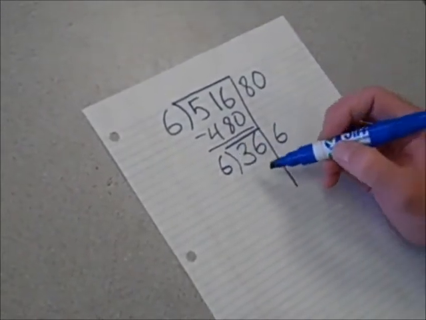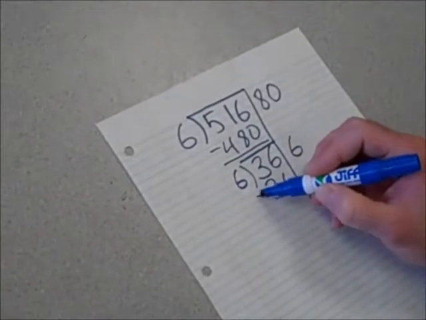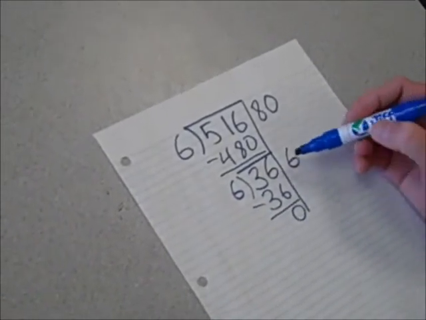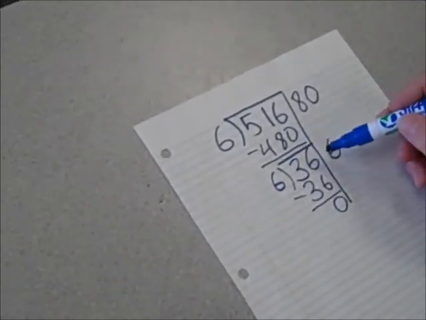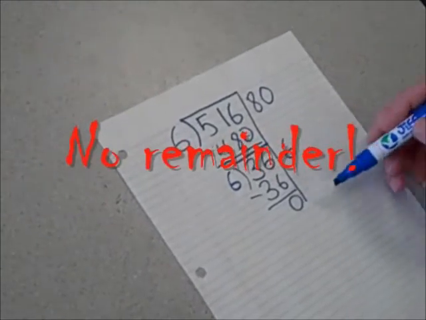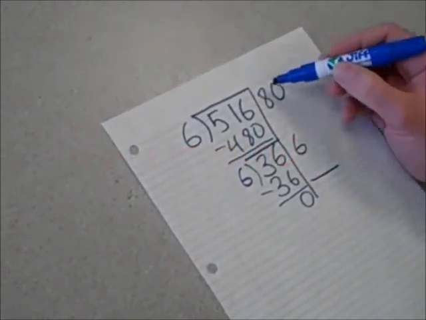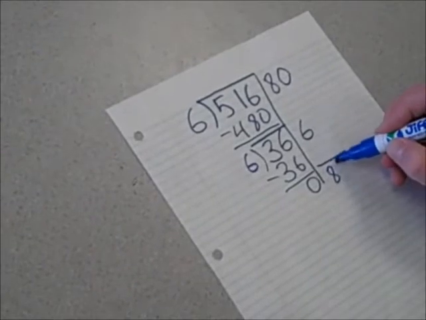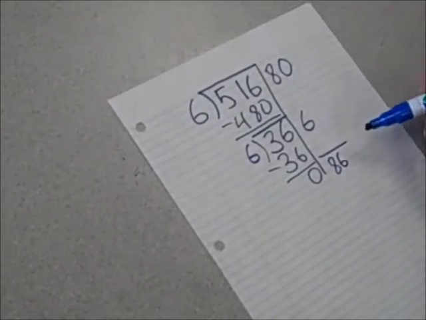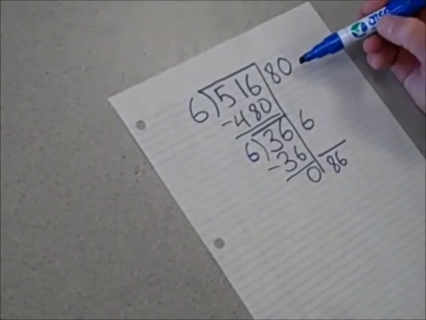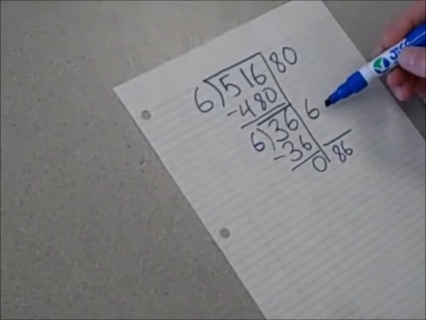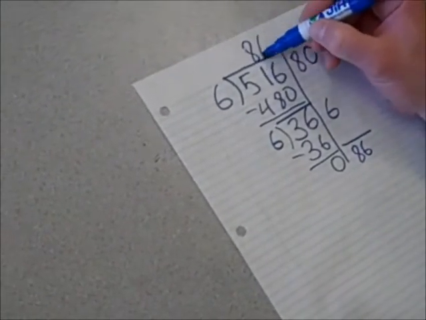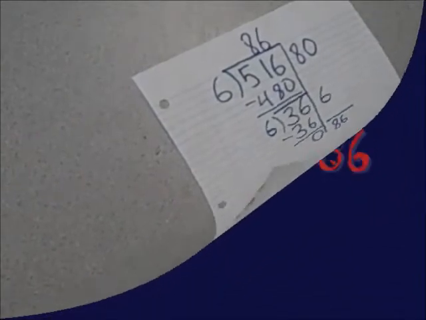So 6 times the 6 groups is 36. I've managed to distribute all of the things that I had left. So now I've got no remainder, and my quotient is the total of 80 plus 6, which is 86, because that is what I put into each of the 6 groups. I put 80 and then I put 6. So in total, I put 86 in each of the 6.